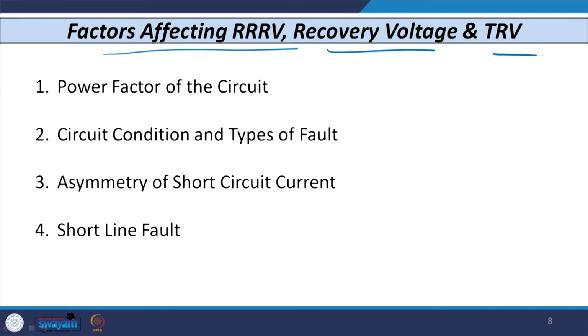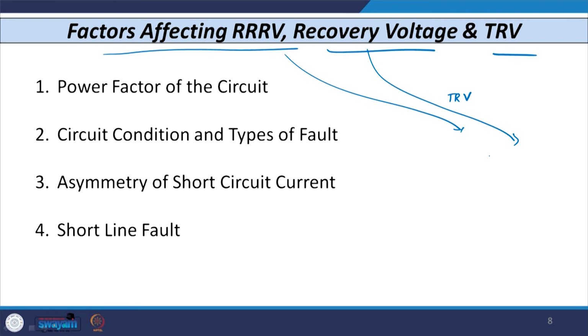There are three very important voltages. Again, I told you, the transient restriking voltage is the voltage that appears immediately at the point of interruption of the arc. So, that is TRV, right, the voltage that appears across the contact of the circuit breaker. RRRV is the first peak of the TRV, and the recovery voltage is the steady state fundamental power frequency voltage after the arc is fully extinguished.